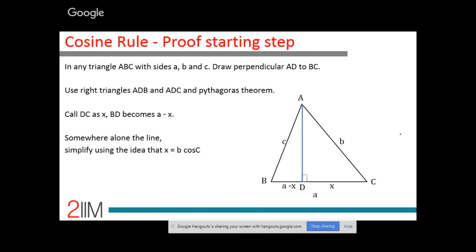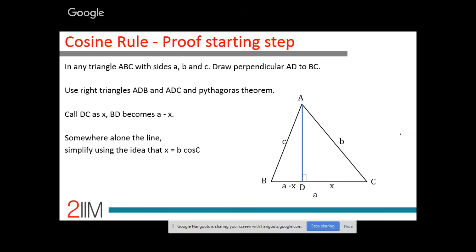We know area of a triangle is half into base into height. So if you take this triangle, area of a triangle is half into BC into AD. If AD were h, some height h. So look at triangle ADB. What is sine of angle B? Sine of angle B, when you look at triangle ADB, is h by c, or h is c sine B, so area is half a c sine B. All we do is draw the altitude and use one unit of trigonometry.